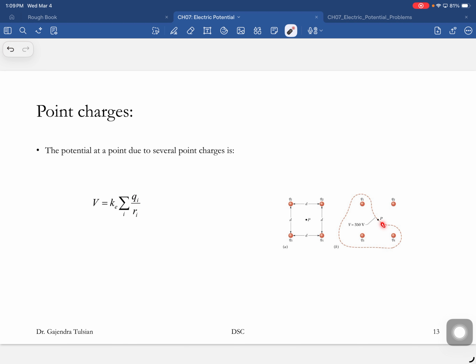Look at this. What this is telling you is, for this charge distribution, what are they telling you by this contour? What is that contour telling you? Yeah, everywhere on that surface, the potential is 350 volts.